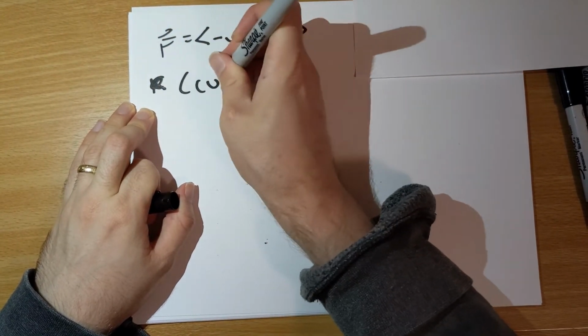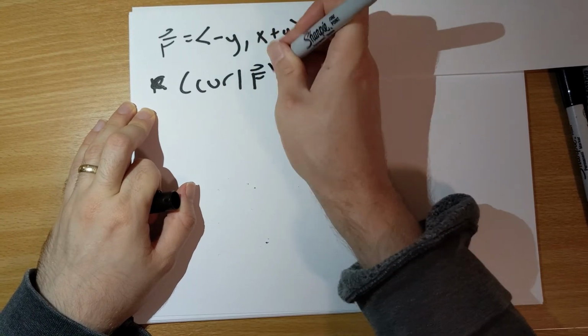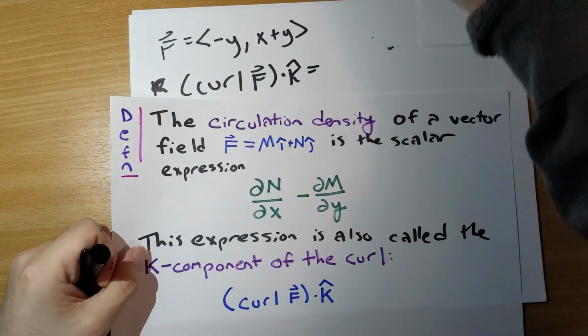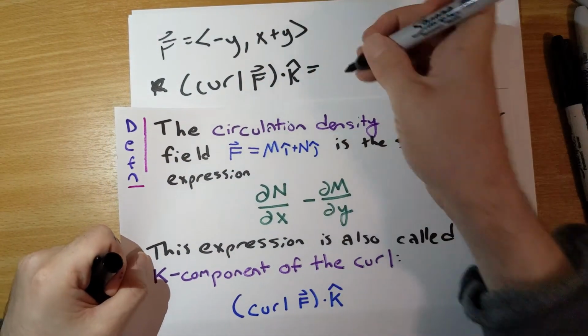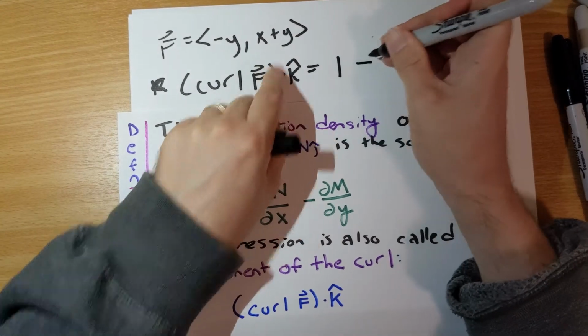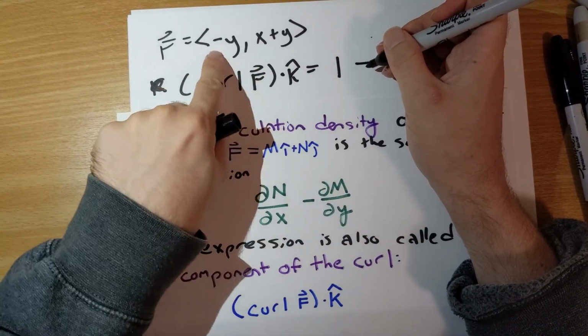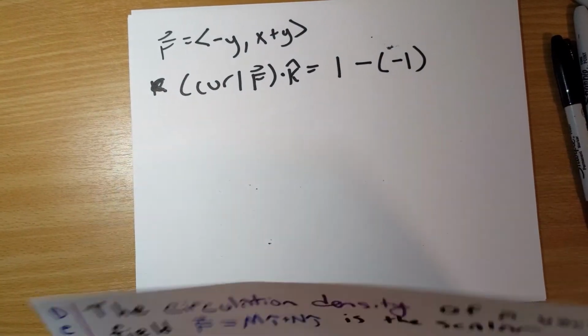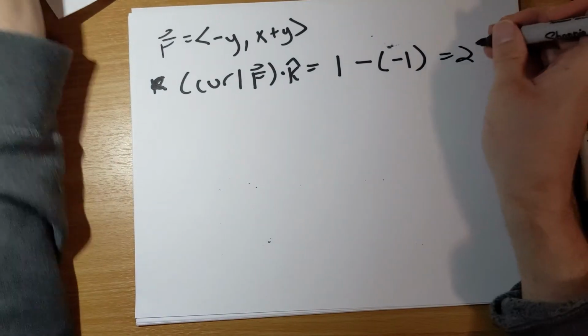The curl of F dot k is the partial derivative of the second slot with respect to x, that's 1, minus the partial derivative of the first slot with respect to y. Subtracting negative 1, we get 2.